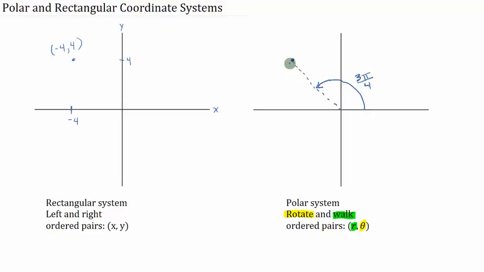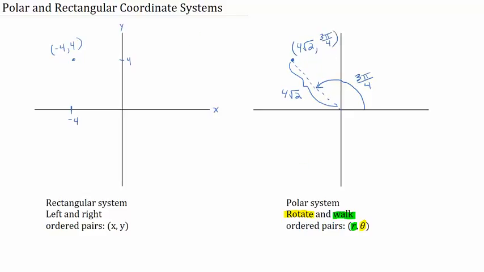And that distance, again, don't worry about how I get it in this video, is 4 times the square root of 2. So theta is 3 pi over 4, and r is 4 square roots of 2. So this ordered pair in the polar coordinate system is r comma theta, so 4 square roots of 2, comma theta, which is 3 pi over 4.